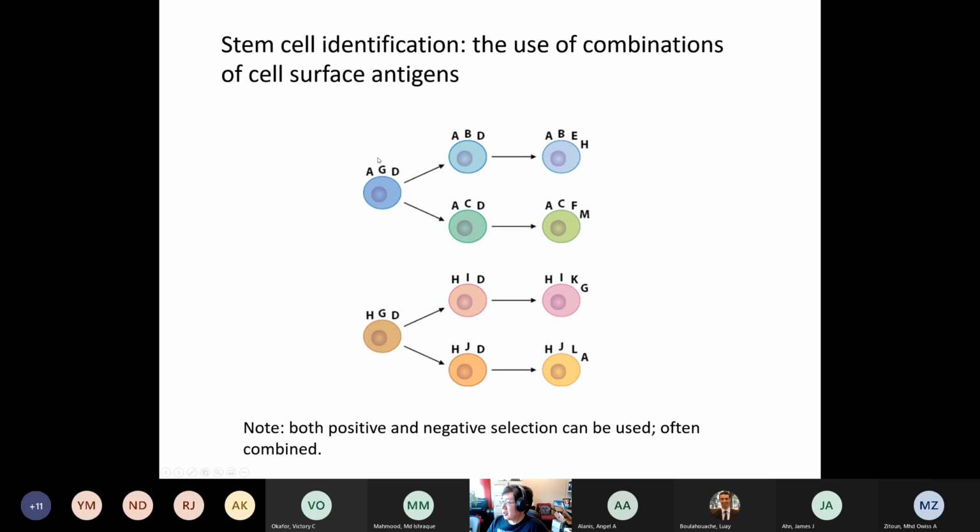So the stem cell should be G positive, but it can't be, for example, B positive. Then I would say B is a Lin marker, because B only appears in the lineage, not in the original cell.